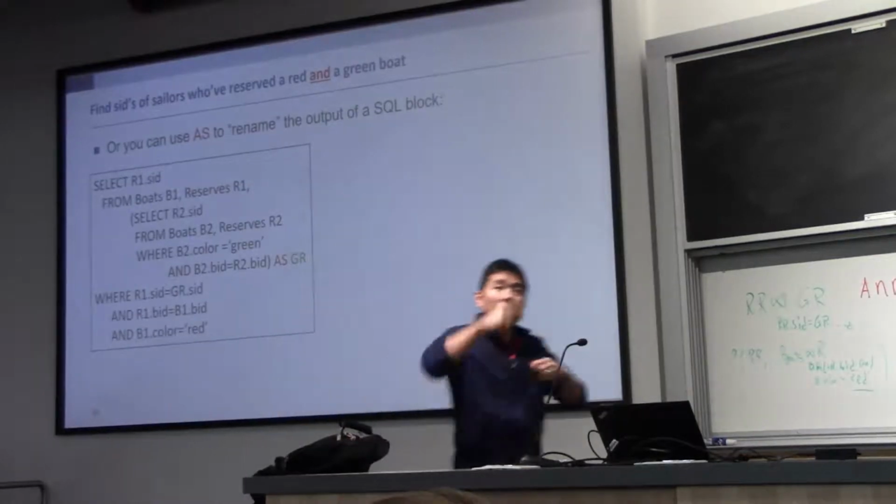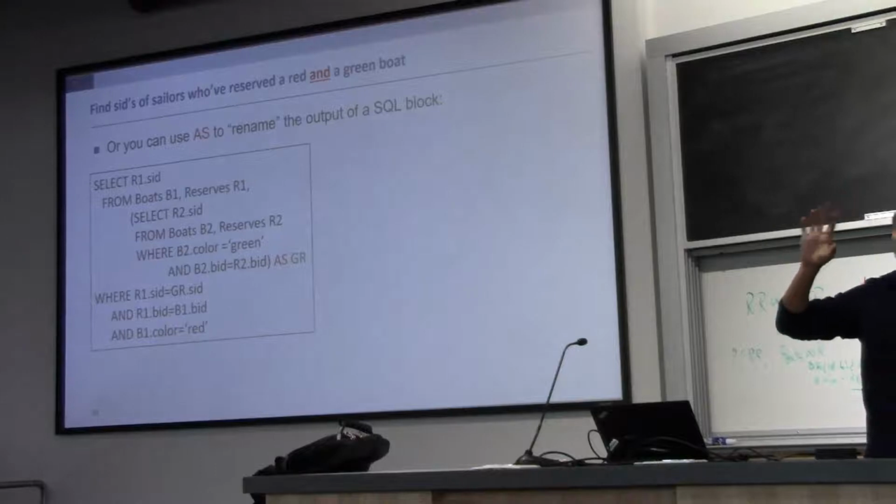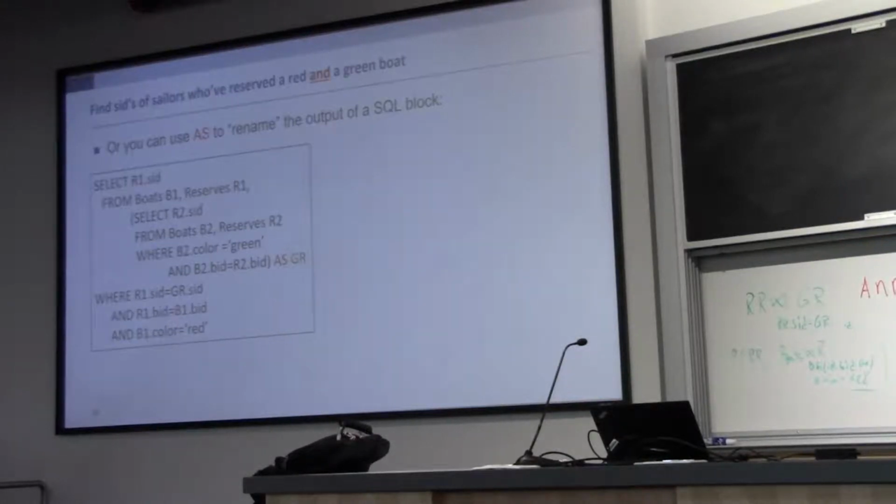Typically, an SQL query has one single SQL block. A single SQL block consists of the basic elements of an SQL query, which are the select clause, from clause, and where clause. If you have more than one of such, then it's considered nesting.